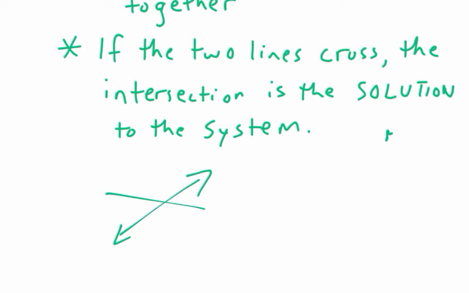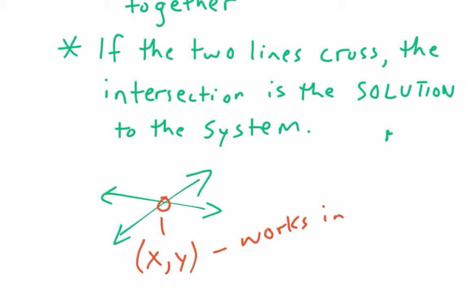Well, if I have a second line, where those two lines meet, this spot where they cross, that x and y value, that pair is going to work for that first green line that's going up and to the right, and it's going to work for the second green line that's going down as it goes to the right. So that point works in both equations.